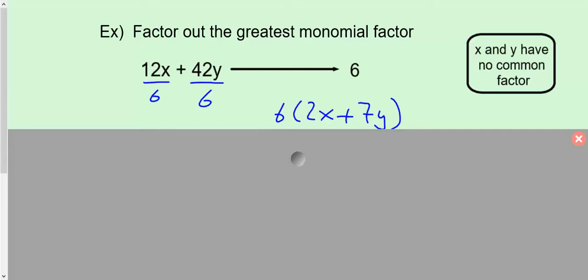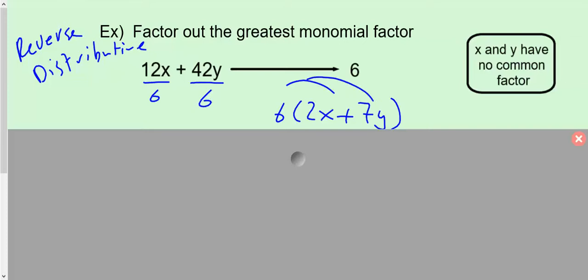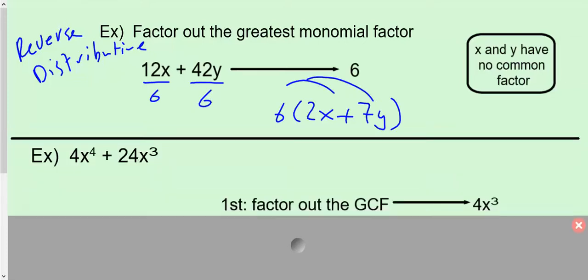The variables x and y have nothing in common, so we just leave those as is. Basically this is like reverse distributive property. Instead of multiplying the 6 into both of these numbers to get the original expression, you're dividing the 6 out. Okay, so here's another one.